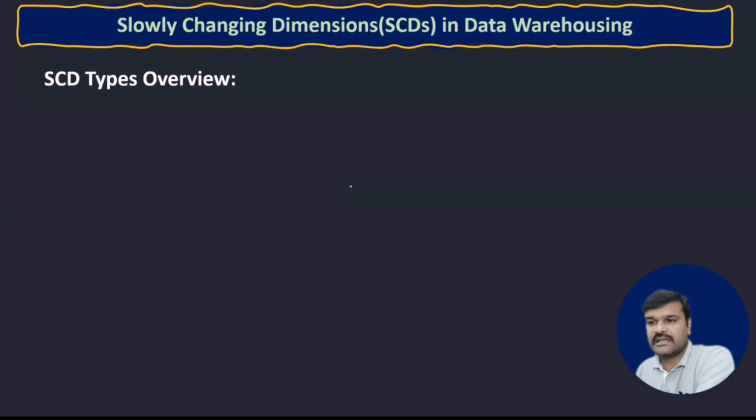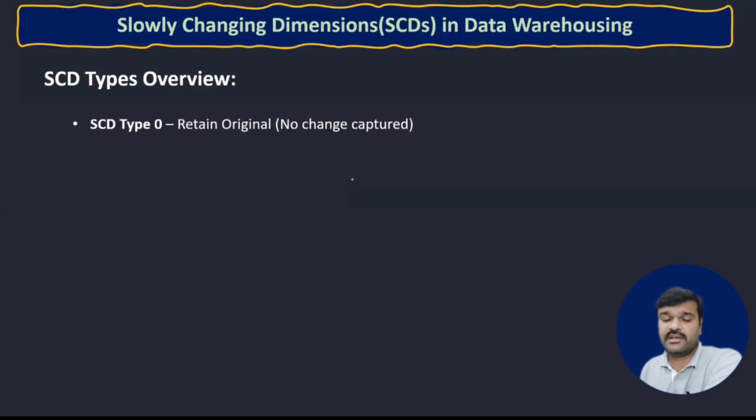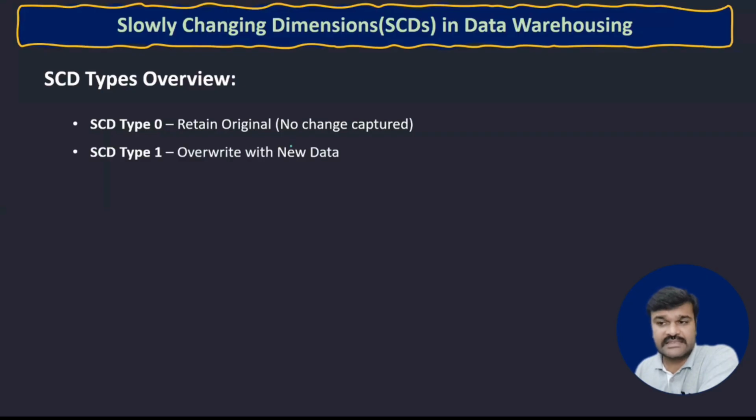Now if you see the different types, SCD type 0 is talking about simply this: once the data is inserted, it is never going to change. Very simple. We will see that. Type 1 is simply overwriting the existing data. If you want to change something, you just overwrite the existing one, a simple update happening.